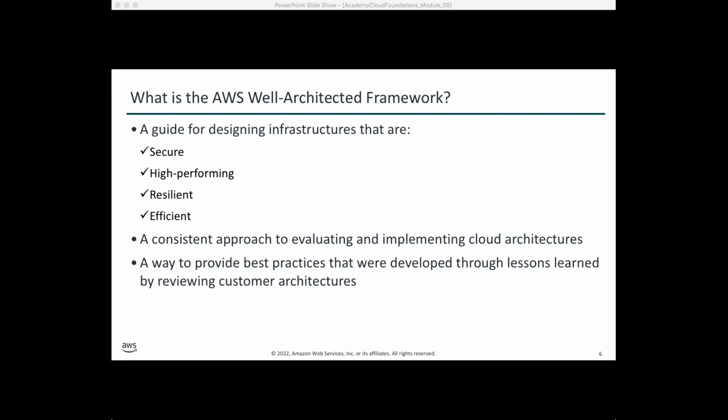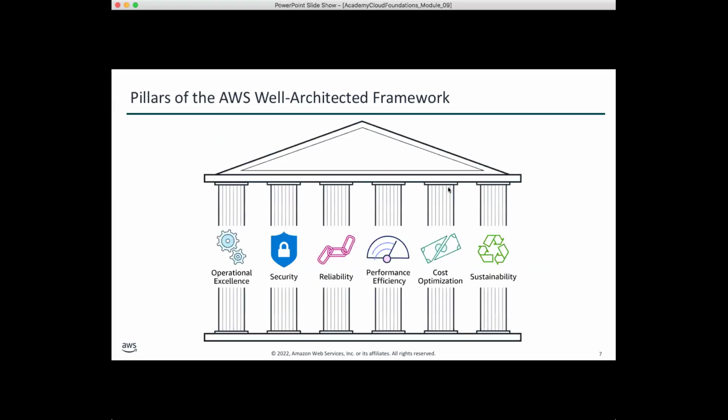It provides best practices that were developed through lessons learned by reviewing thousands of customer architectures in the AWS cloud. They designed this framework from real experience, from what clients have faced, or what other people have faced when designing their own cloud infrastructure. Based on that, they came up with the AWS Well-Architected Framework.